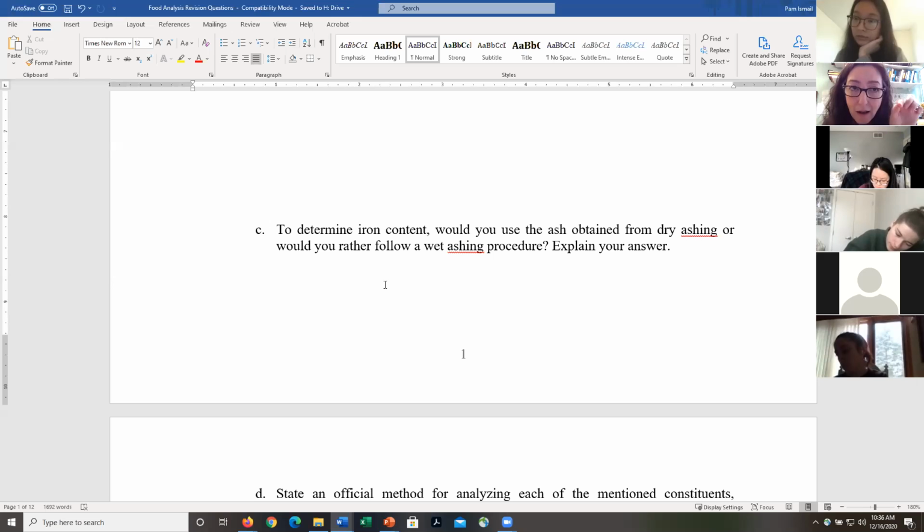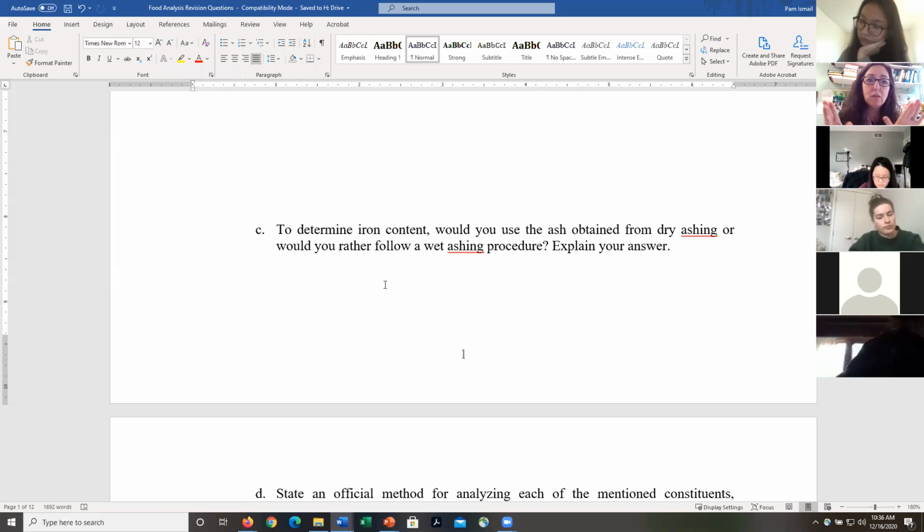But if you want to get the iron and be certain about the iron or zinc or any other volatile, you want to do wet ashing, because wet ashing is done at about 200 to 230 degrees Celsius in highly concentrated acid. So you do all of the oxidation and combustion of organic matter, but your minerals remain in solution, soluble with the acid, and do not volatilize. So just remember that.